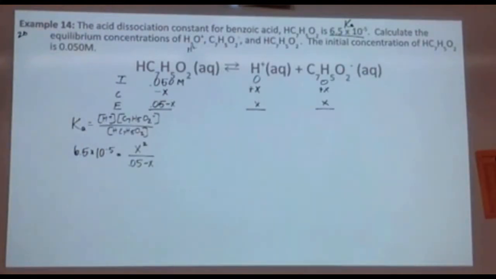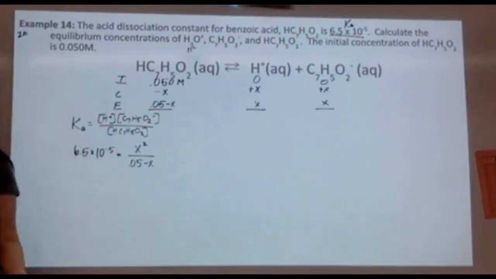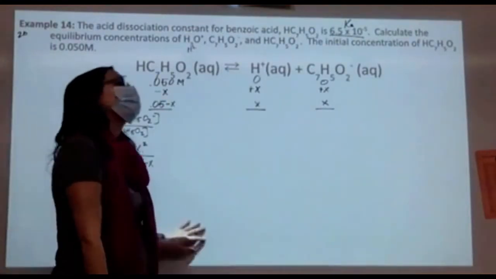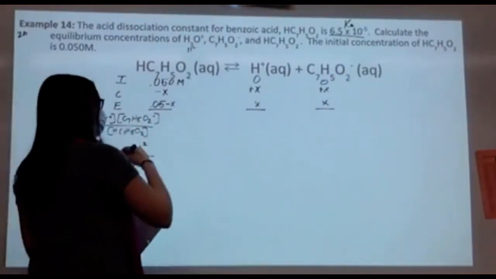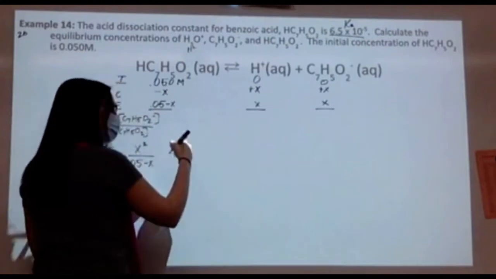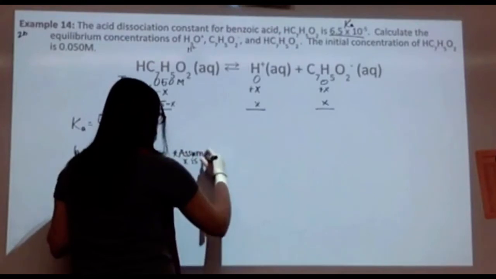Now, initially you look at this, and if I wanted to solve for x, what does it look like we would have to use? Quadratic. However, we are going to use a shortcut to prevent the use of the quadratic. If we use this shortcut, you have to make sure that you are writing down that you are using the shortcut. What I mean by writing it down is just put a little star and say, assume x is small.